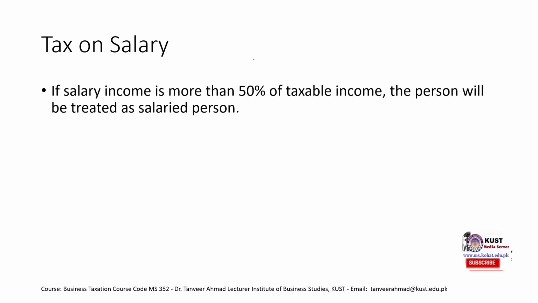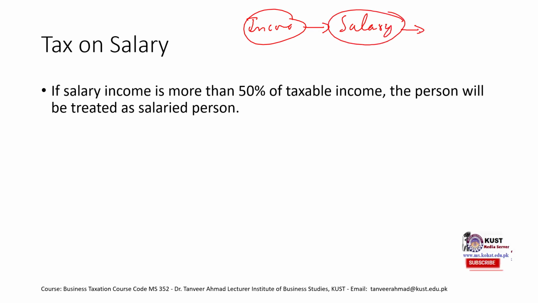When we say income tax, and we are discussing the head of salary, when would these slabs be applicable? If a person's salary income is more than 50% of taxable income, then the person will be treated as a salaried person.